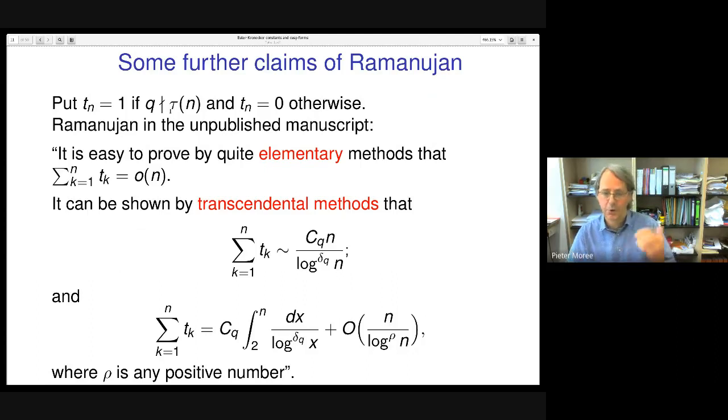So the point is, his statement is basically that tau of n is divisible by 691 for almost all integers n less or equal than x, so for a set of density 1. And then he continued to write that it can be shown by transcendental methods that there is the following asymptotic here.